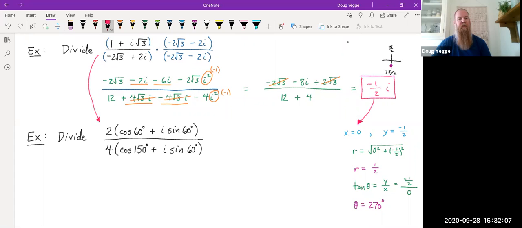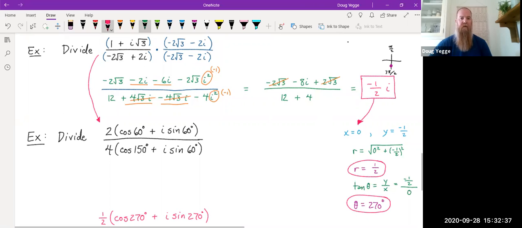And so now we're going to try to divide these using some other rule similar to the product rule. Now, if we're correct, knowing that r is equal to 1/2 and theta is equal to 270, then this should turn into 1/2 times cosine of 270 degrees plus i times sine of 270 degrees.